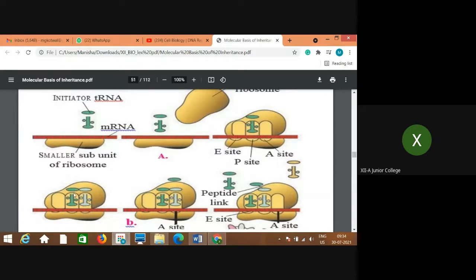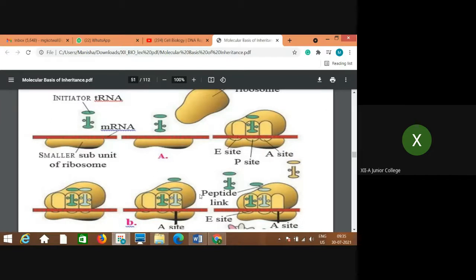And at that time, the first amino acid gets attached to the second amino acid, forming the peptide bond in between. And once this peptide bond is formed and these two amino acids get attached to each other, the role of the first tRNA is over, so it exits. There is exit of this tRNA. It gets released. And so this is the E site.